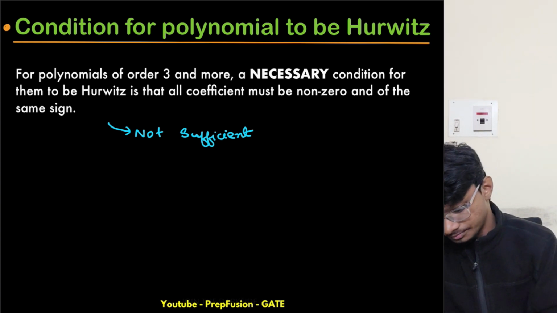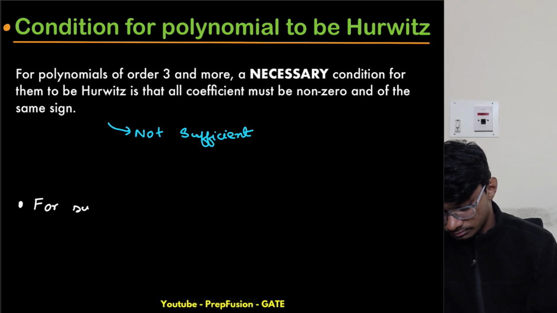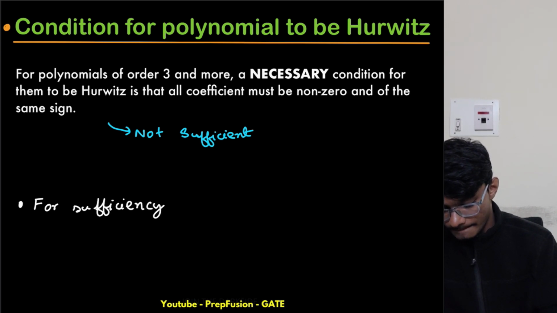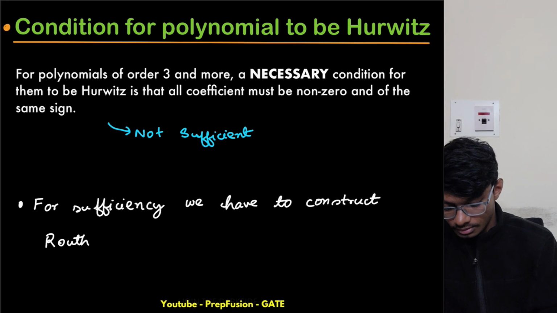For sufficiency we have to construct the Routh array.